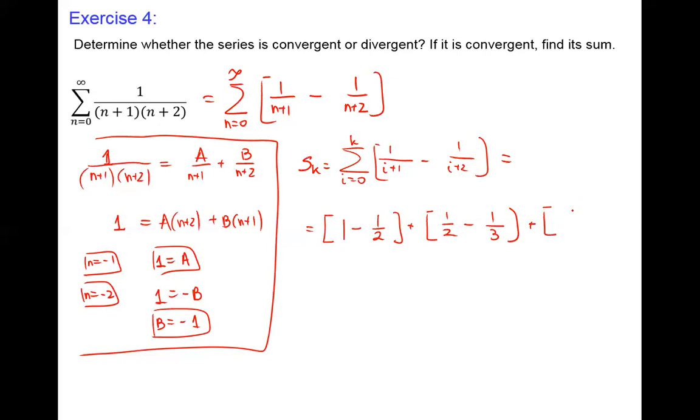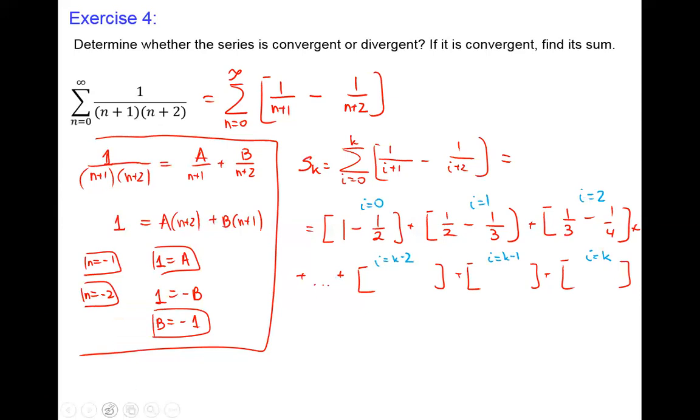And if i is 2, I have 1/3 and 1/4. I can stop here, and I can list 3 terms from the back side. The last one will be defined at k, this one k minus 1, and k minus 2. That means 1 over k plus 1, 1 over k plus 2.